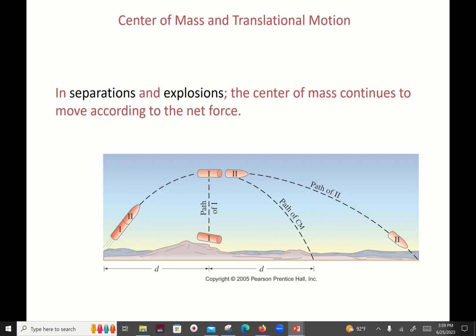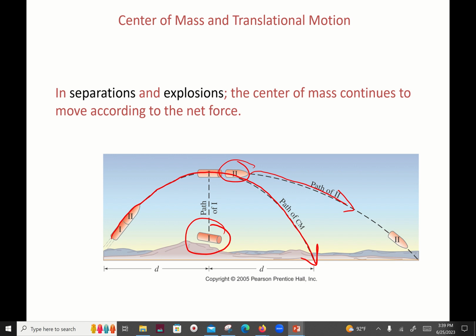Okay, let's move on to center of mass problems. In a center of mass problem, the center of mass for an object continues to move according to the net force. So for example, for this rocket that broke up into two pieces, if I add up the position of part 1 and part 2, which goes along this way, I should get the position of the center of mass following projectile motion, which is the parabolic path that we learned about in Module 3.